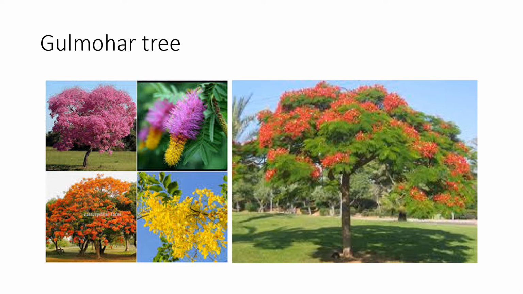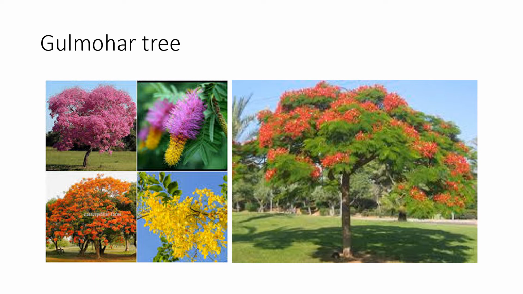Here I have the Gulmohar tree for you. Children, do you know where I see this plant? Yes, in our school campus. This tree has colorful flowers and is very shady. If you're moving on the Anand Road, I've seen many of them there also, especially the red and the orange ones.